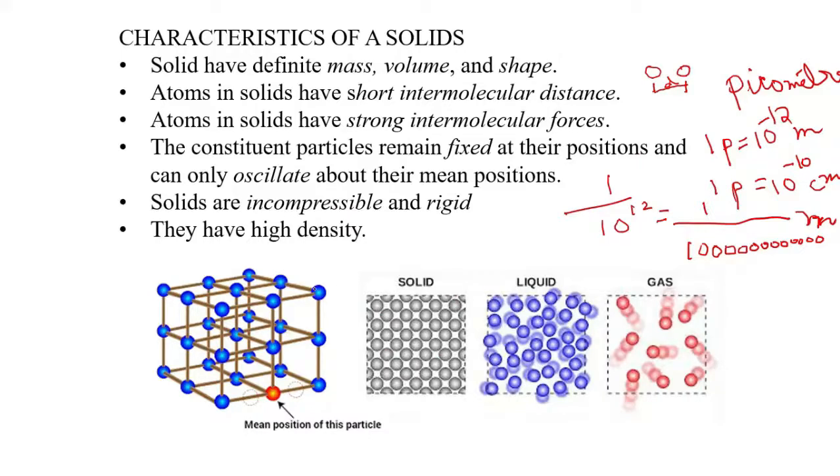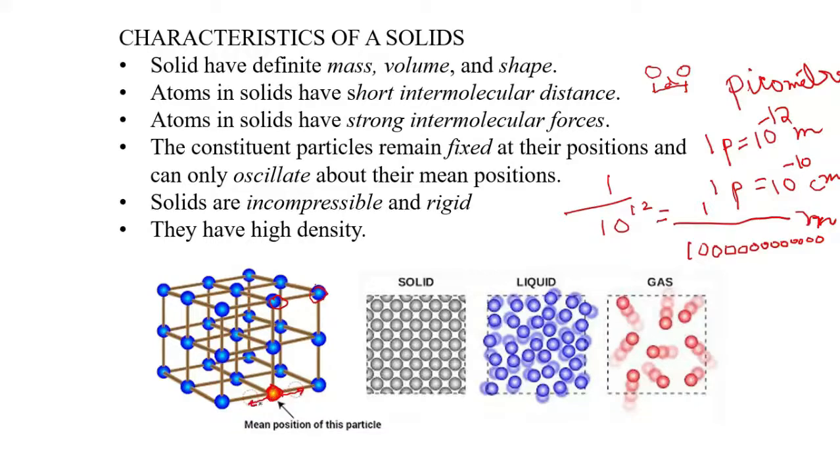Let us draw a diagram. Consider this. These particular atoms most of the time remain fixed at their positions, but they can oscillate to and fro, the same distance.